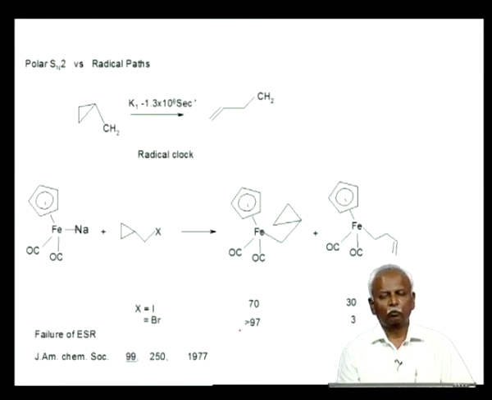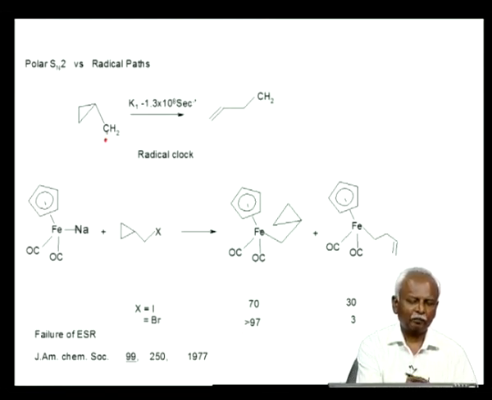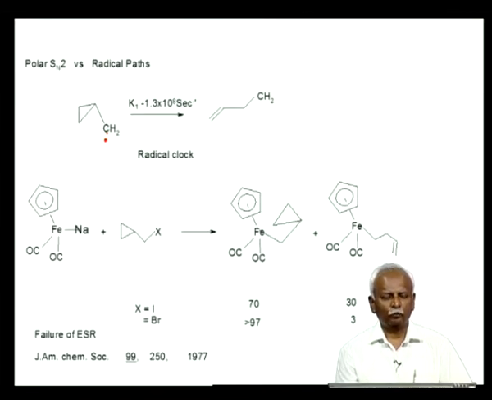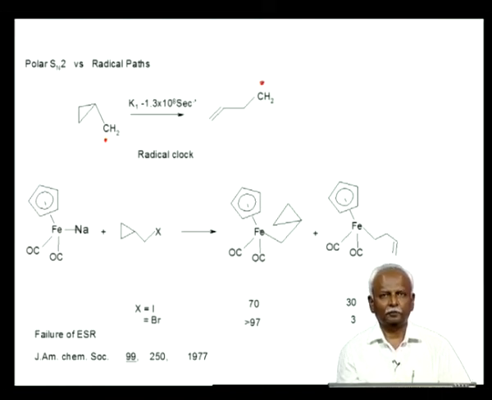Now, there were more reactions that were studied, which led to a beautiful understanding of how you can have radical intermediates in organometallic reactions. Let me tell you something fascinating about a molecule which is called a radical clock. This radical clock is a cyclopropyl carbinyl radical. Now, if you have a cyclopropyl carbinyl radical, it can ring open to generate the homoallylic radical.